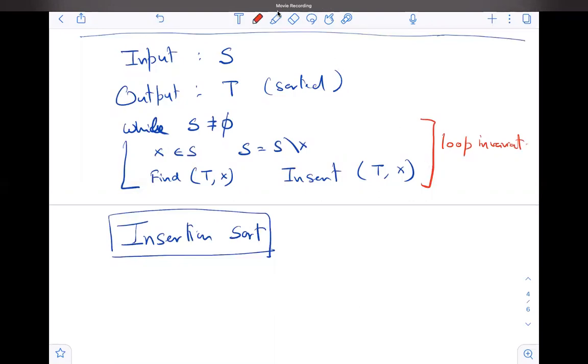Somebody sent me a chat: the size of T is increasing, and the size of S slowly goes down. Exactly.